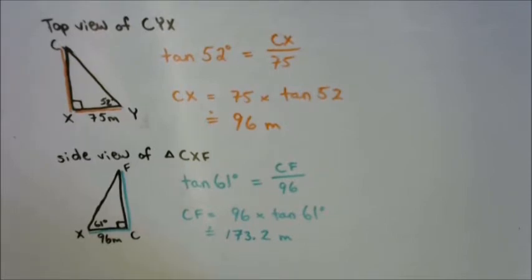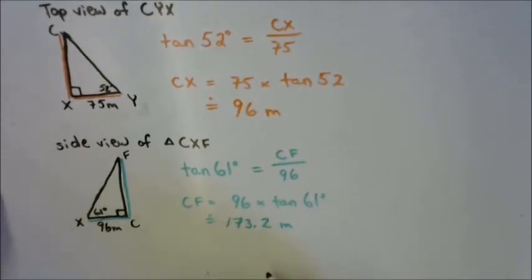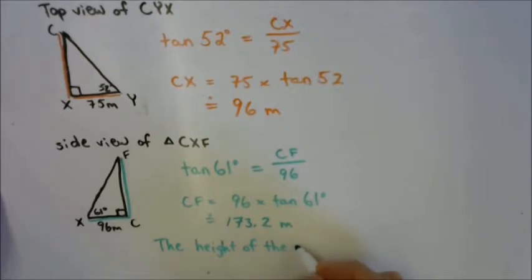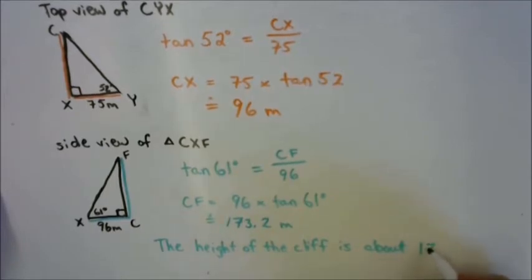Did we find the height of the cliff? We still need to put a statement. We have finished all of the math necessary, right? So our final statement: the height of the cliff is about 173 meters.